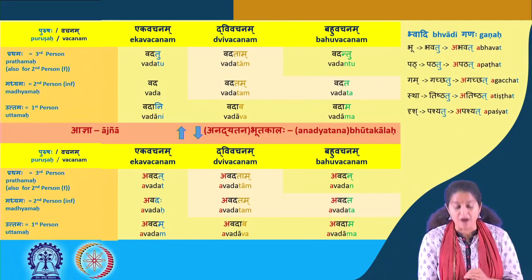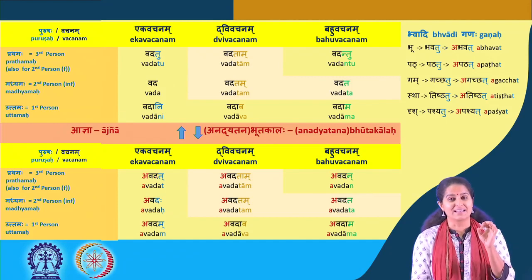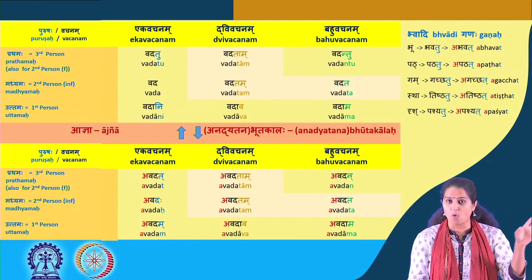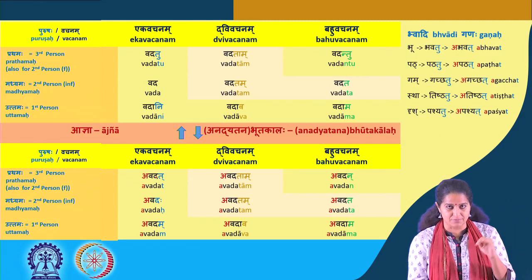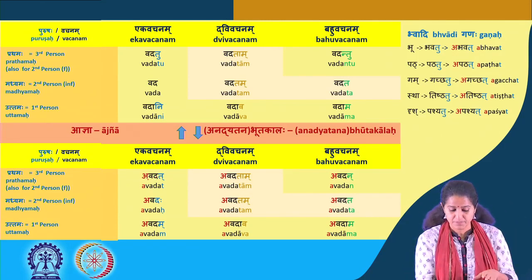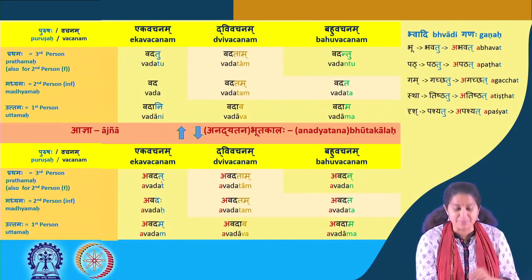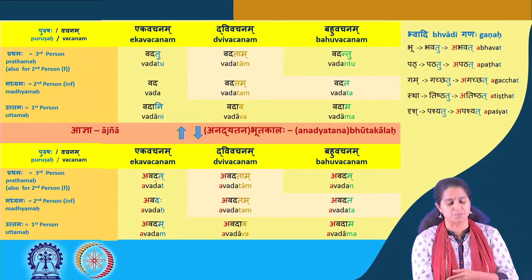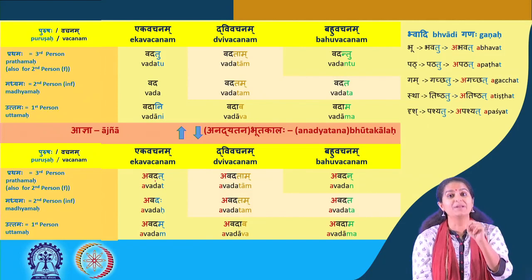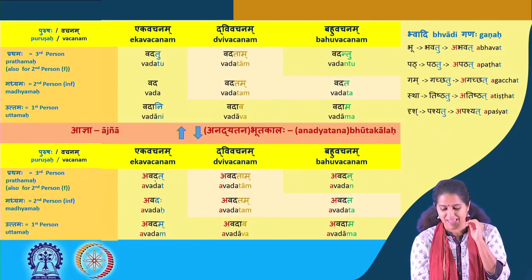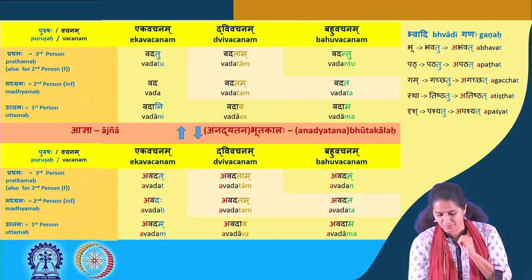We have avadat. So the a indicates that it is not present now, it's over. It indicates an absence of that at the present moment. So avadat, he has spoken. So what happened to the ti? It became the t. So the vowel has got chopped off. Avadat, two people, avadatam, and nti became n.